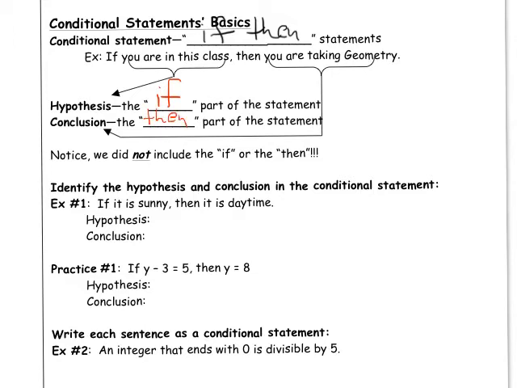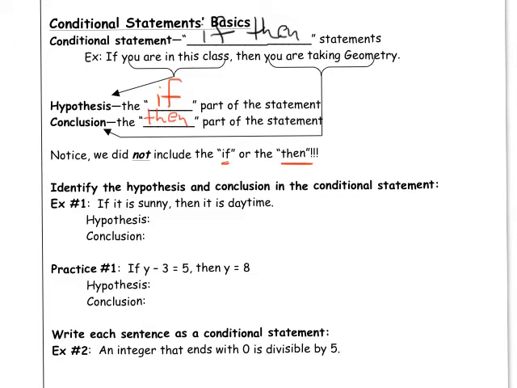Notice we did not include the if or the then in the hypothesis or the conclusion. So for example, right here, "you are in this class" is the hypothesis, not the if. And "you are taking geometry" is the conclusion. We don't include the then part. So just this part after the then and just this part after the if.